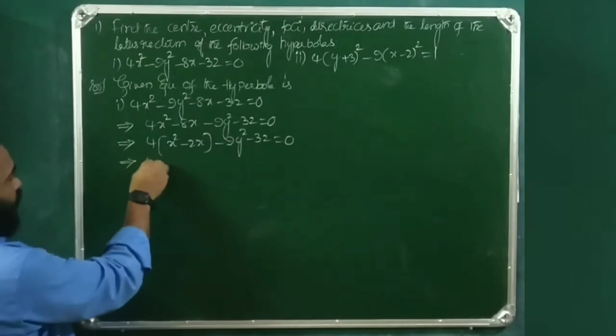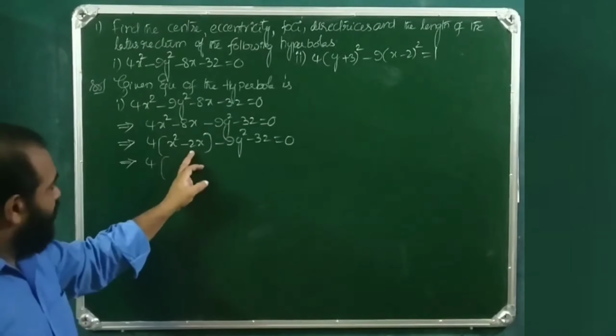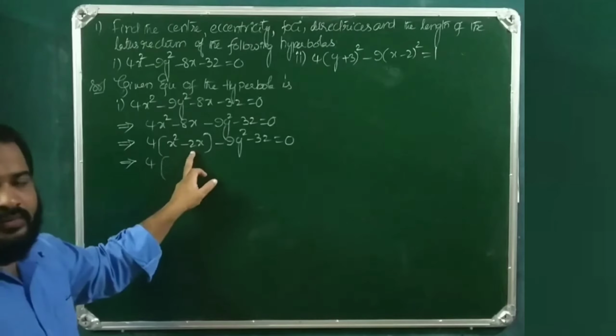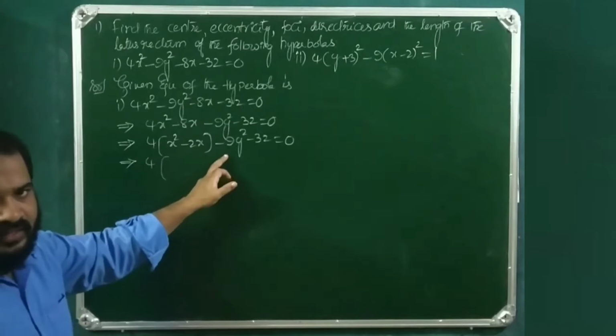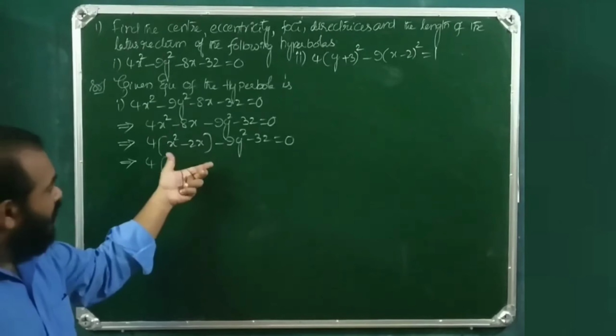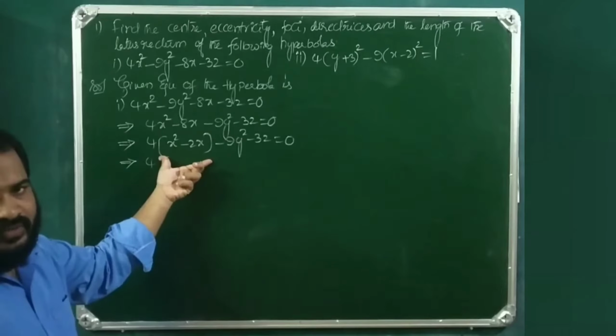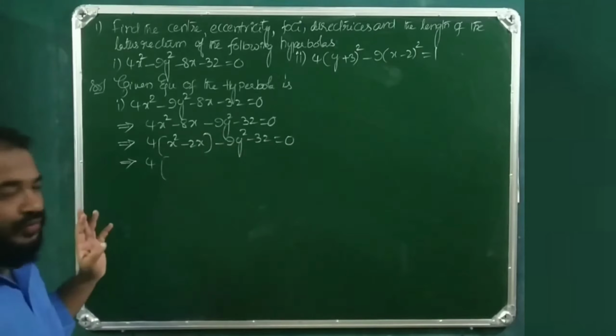This implies 4 into x square minus 2x. That means a square minus 2ab term is there. Additionally, if I add and subtract b square, then a square minus 2ab plus b square will become (a minus b) whole square, and minus b square will be left over. So that's what we are going to do here.